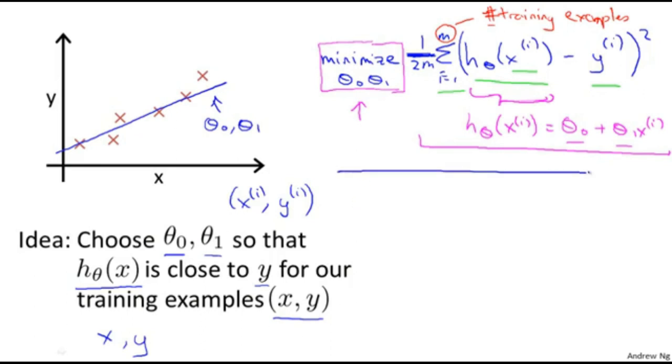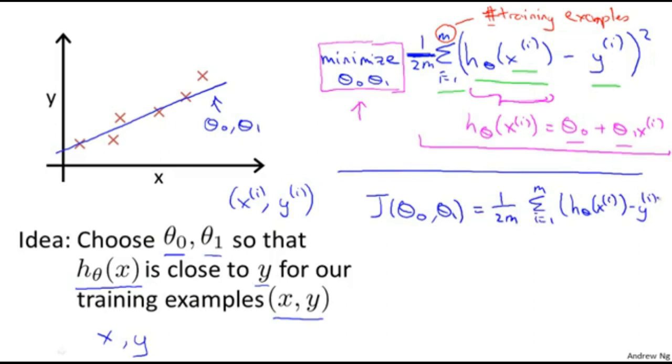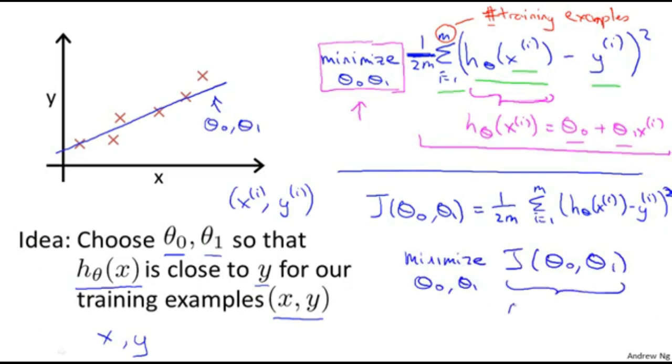And just to rewrite this a little bit more cleanly, by convention, we usually define a cost function, which is going to be exactly that formula that I have up here. And what I want to do is minimize over theta 0 and theta 1 my function J of theta 0, comma, theta 1. This is my cost function.